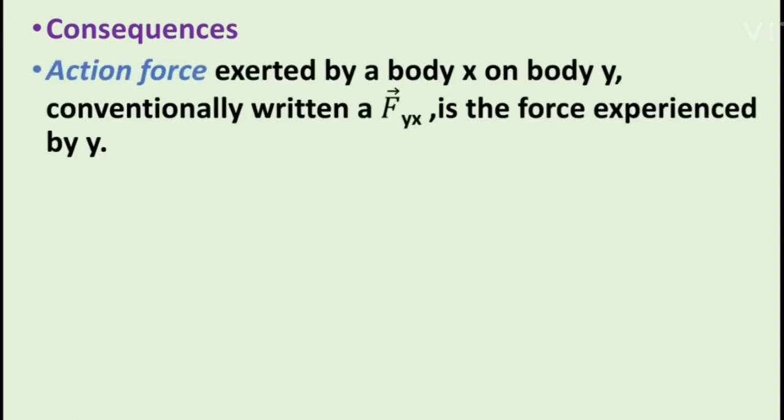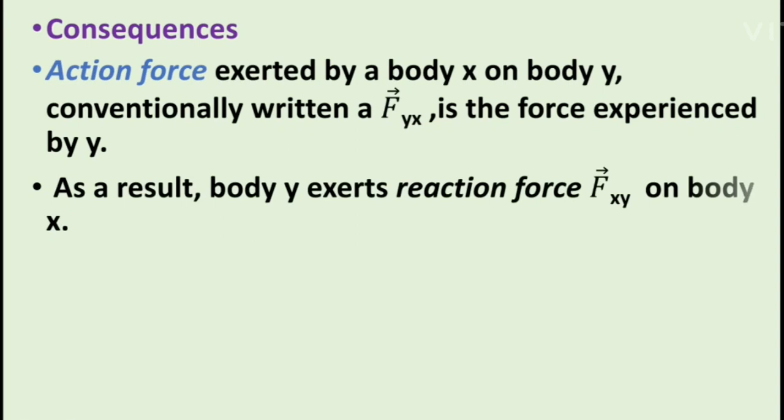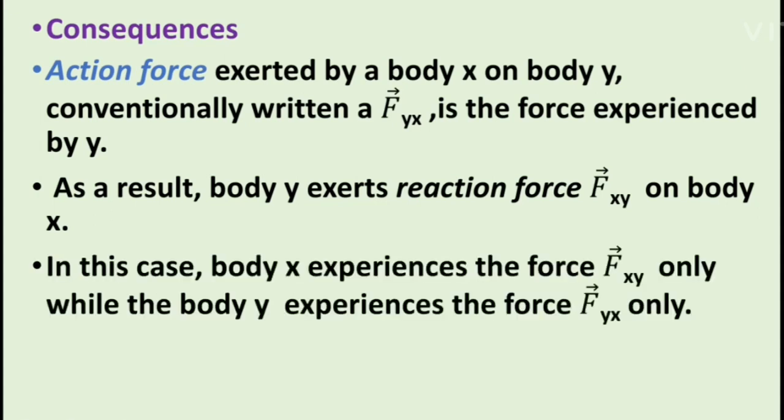Next point is consequences of Newton's laws of motion. Action force exerted by a body X on body Y, conventionally written as vector Fyx, is the force experienced by body Y. As a result, body Y exerts reaction force vector Fxy on body X. In this case, body X experiences the force vector Fxy only, while the body Y experiences the force vector Fyx only.